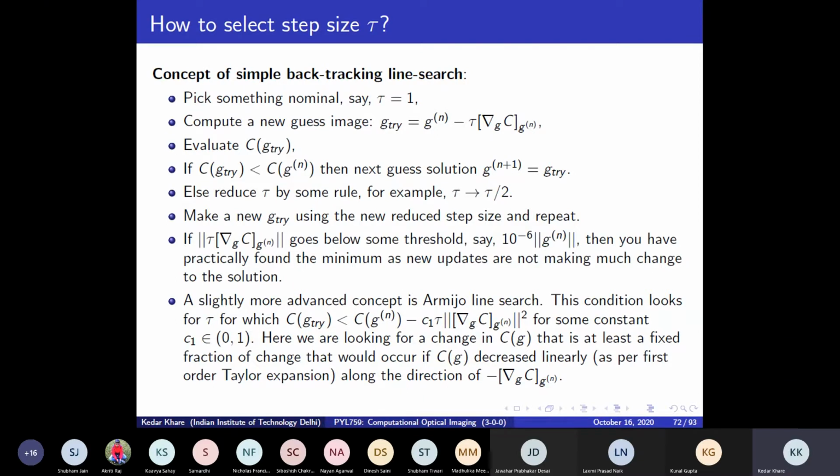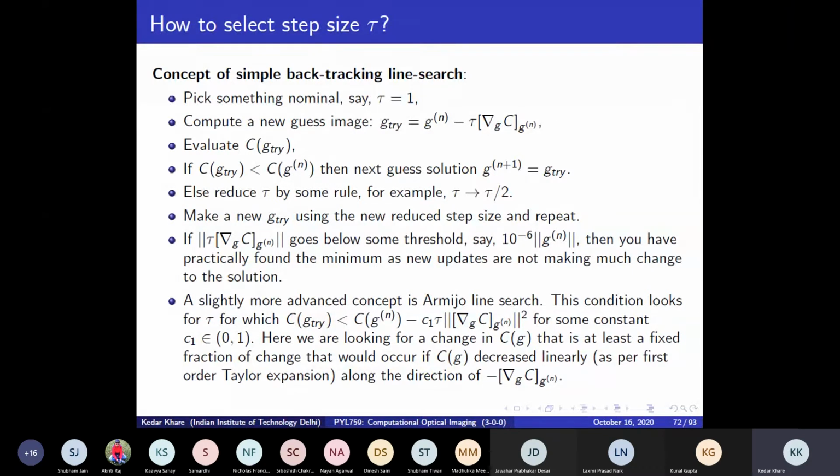So you can write this in a loop where you keep reducing the step size, and you can find the right step size where the new solution G trie is such that the cost function at G trie is less than the cost function at Gn, okay?